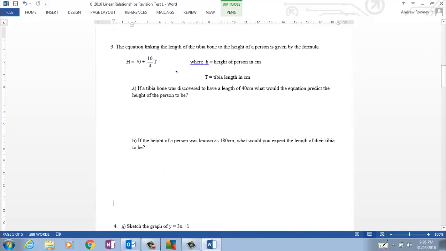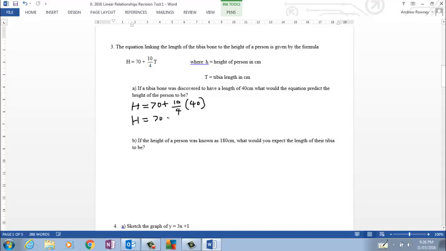Question 3 is a tibia bone and the height of the person is linked to the tibia bone length by that formula there. The question is, if the tibia bone is 40 centimeters, what is the height? We put the 40 centimeters where tibia is, capital T, so height equals 70 plus 10 over 4 times by the tibia length, and the tibia length is 40.